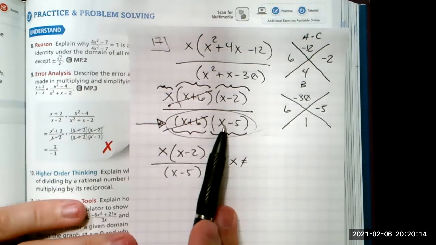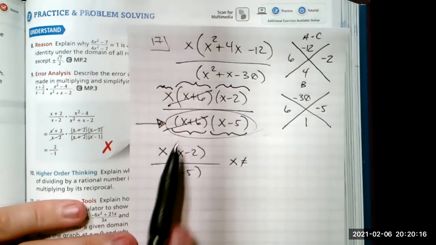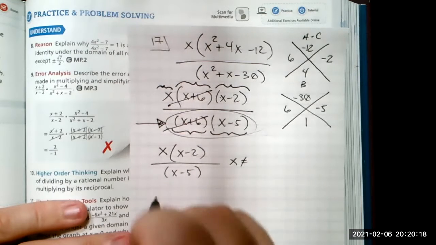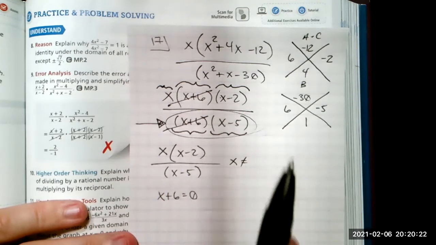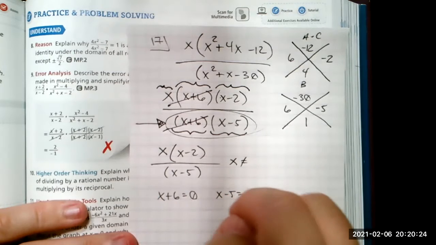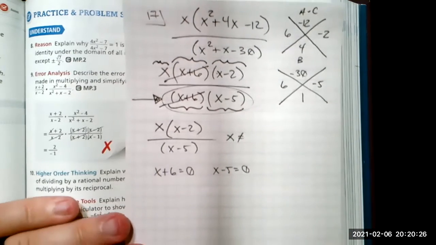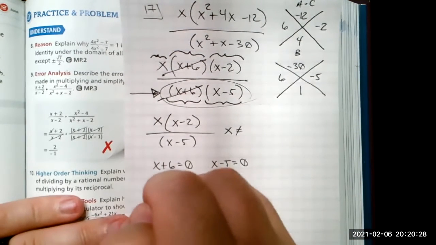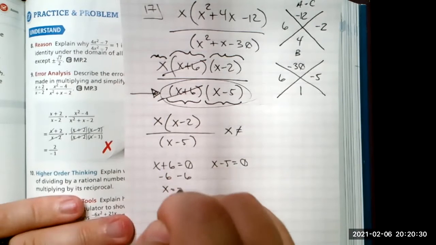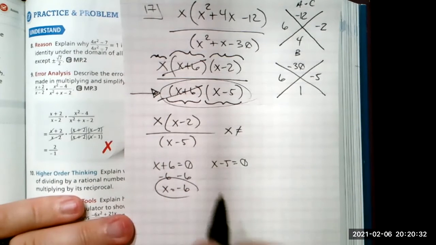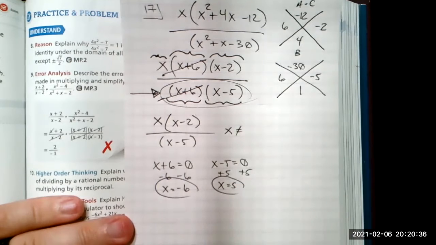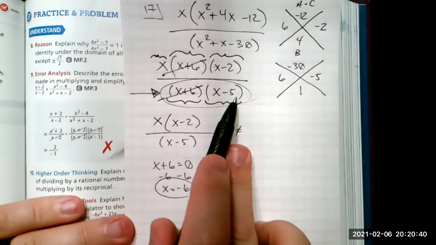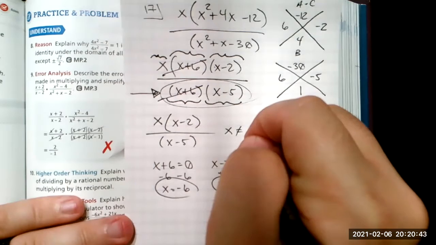So kind of like we talked about in the example problems, you can take each factor and set it equal to 0, the other factor, set it equal to 0, and solve. So here I'd subtract 6 from both sides, so I get x equals negative 6. Here I'd add 5 to both sides, so I got x equals 5. So those are the two numbers that are going to make my denominator 0. So I have to exclude them.